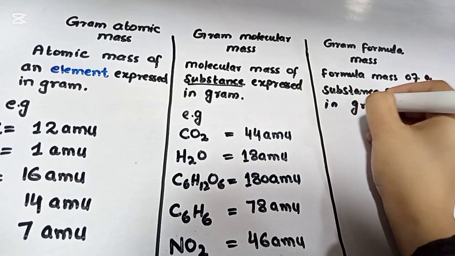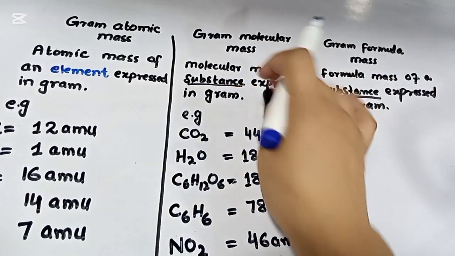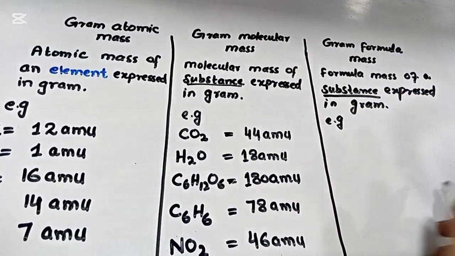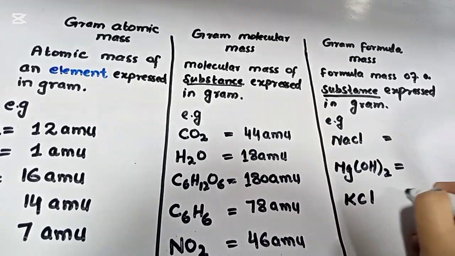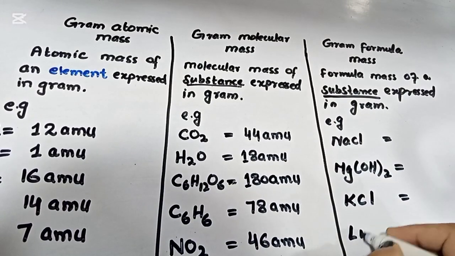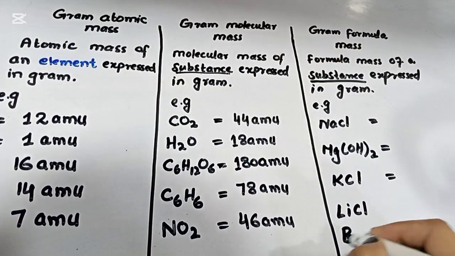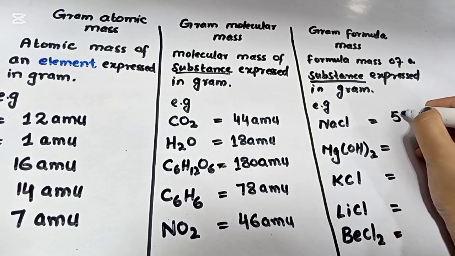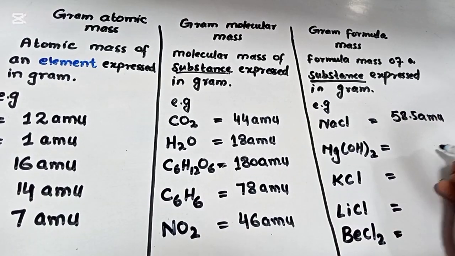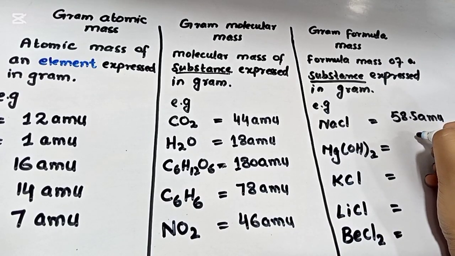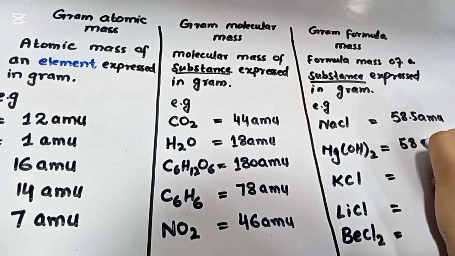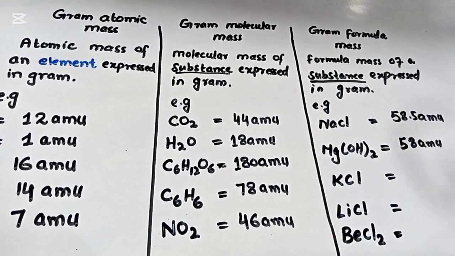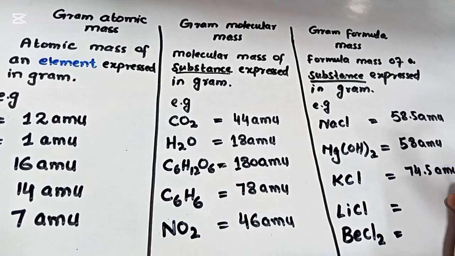The gram formula mass of any substance expressed in gram is called gram formula mass. For example, we will choose ionic compounds with their formula units: NaCl, magnesium hydroxide, KCl, lithium chloride, barium chloride. NaCl is 58.5 AMU. For magnesium hydroxide, it will be 58 AMU. For KCl, 74.5 AMU.